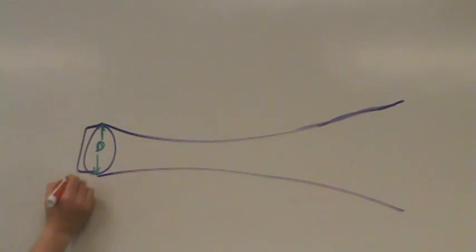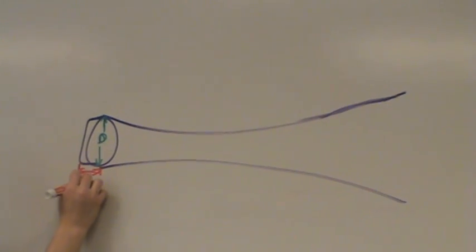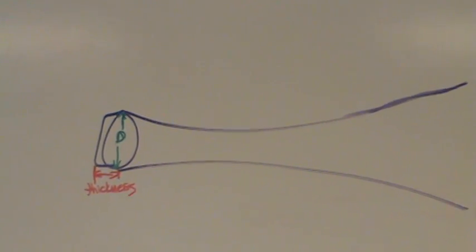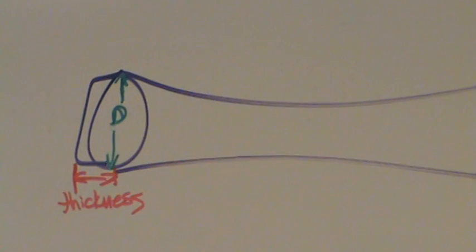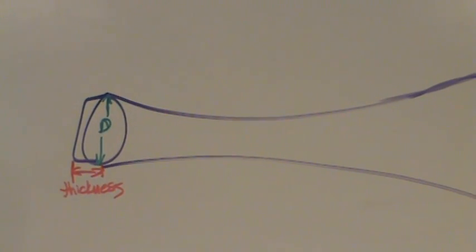There's also the thickness dimension. So this dimension here. Transducer thickness is primarily going to determine what operating frequency we have, especially if we're using pulse width. And then we have the beam shape itself.